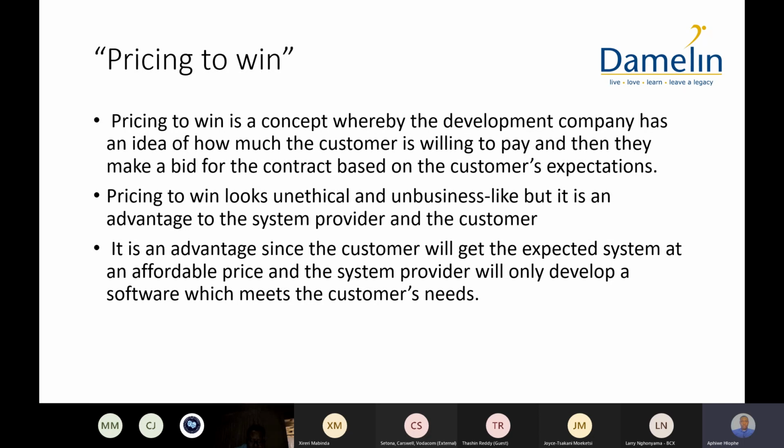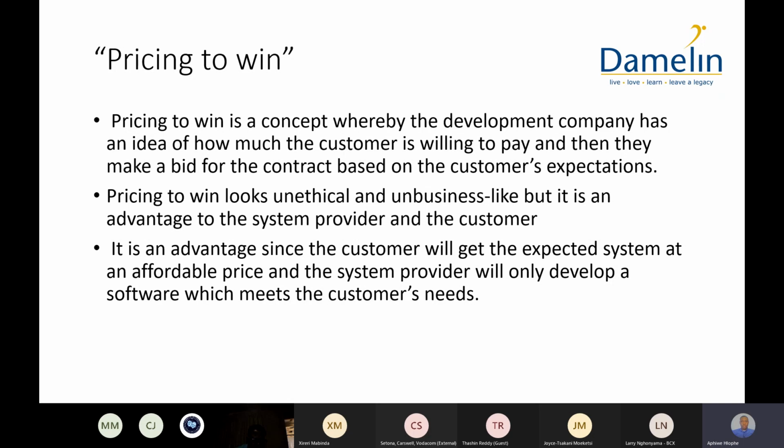So what normally happens then is that if one of the service providers has information about how much this company is working with, they can sort of pitch the cost of the software exactly or close to that point. And that means they get the maximum deal out of the project.